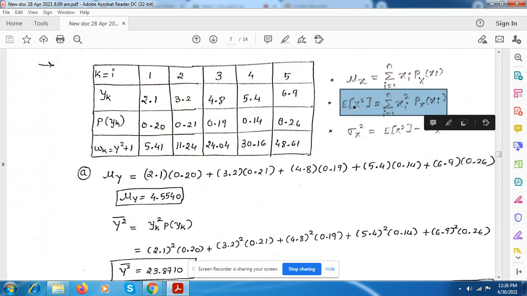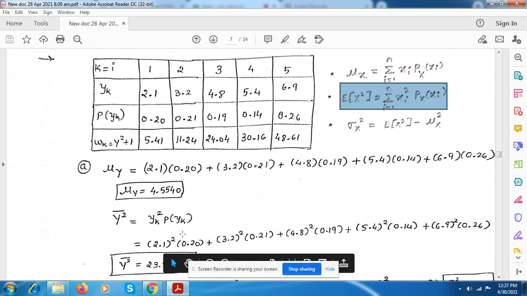Here also we have to take E of y square, or y square bar, is equal to summation i is equal to 1 to n yk square into p of yk. Here we have to square this yk random variable and then multiply it with its probability, and then substitute it in this formula minus the mean square.